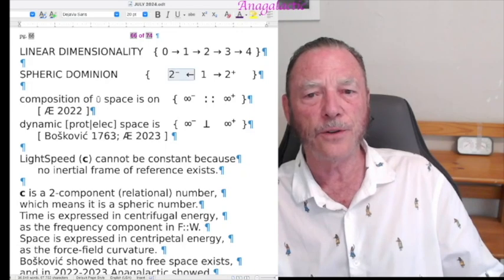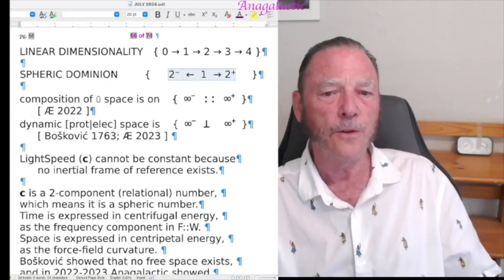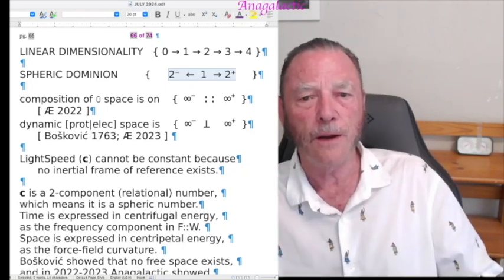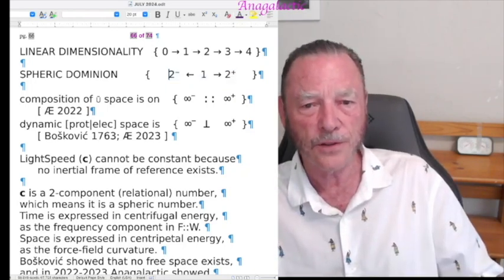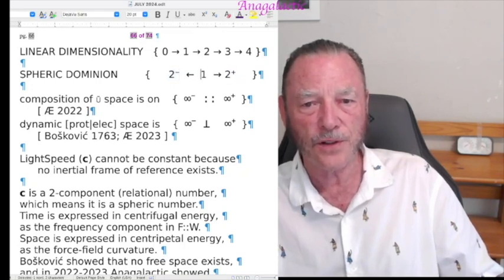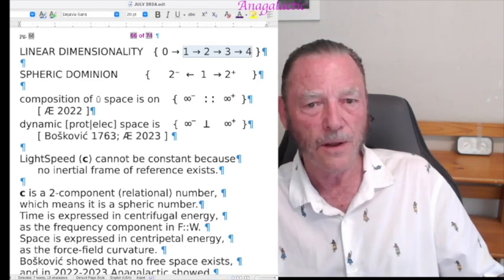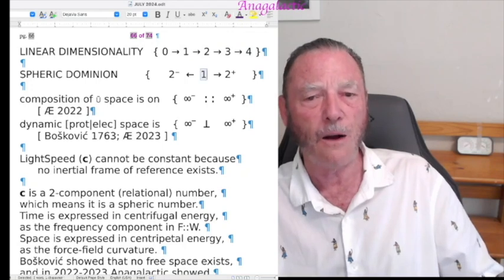But once you introduce the time component, you've inadvertently introduced motion. This two-number component system, this is a component, and this is a component, and this is the center of the system. Here, this is the center of the system, and these are the positive components, but they're balanced on the negative components. Here, it's power space.